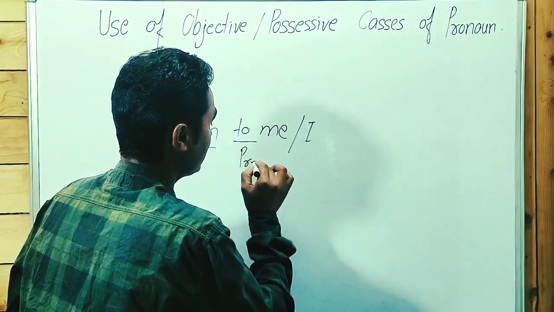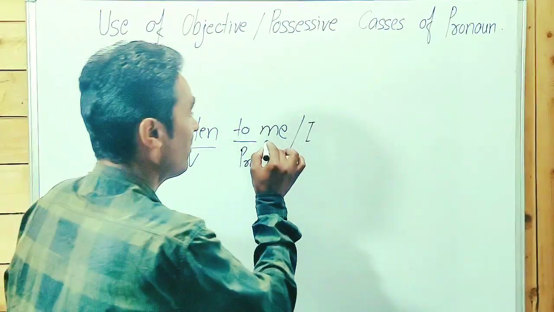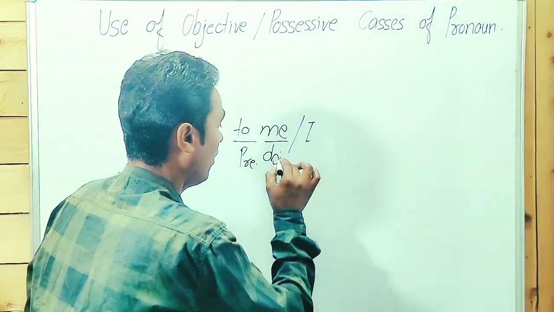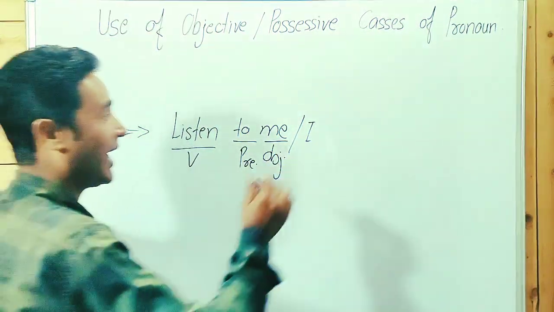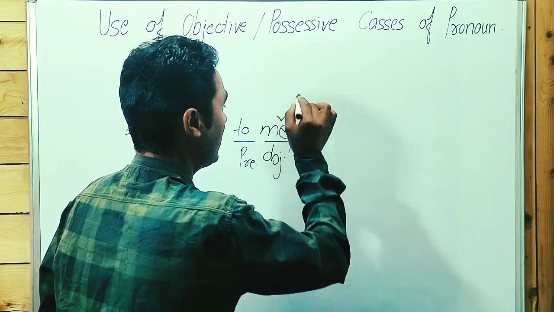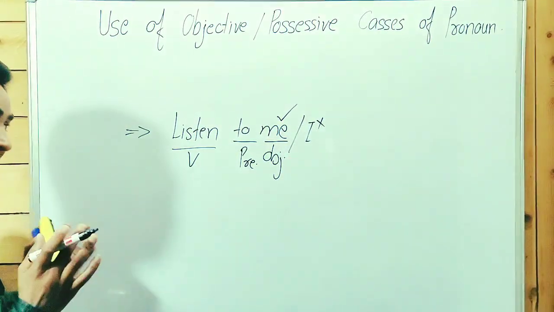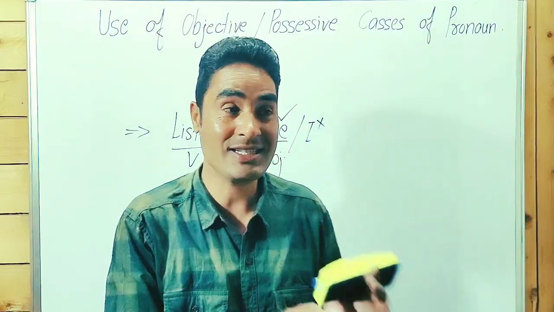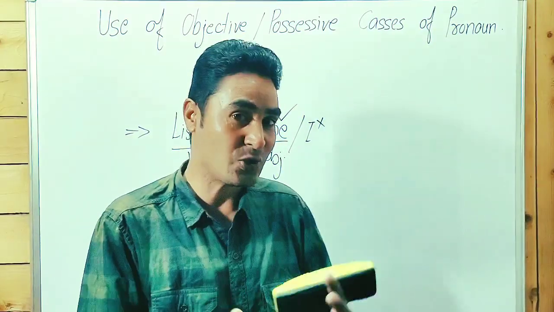Me is the objective case of personal pronoun. I is the subjective case, so I will be incorrect and me will be the correct pronoun over here. Listen to me. We don't say listen to I. Listen to her. We don't say listen to she.